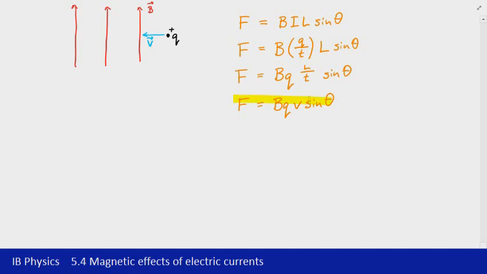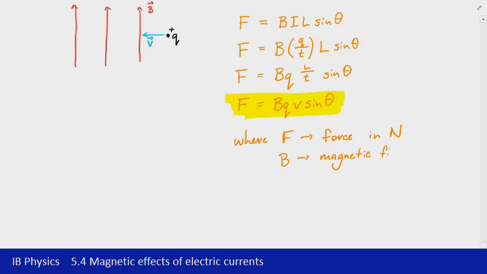So that's the same idea as the previous equation that we saw for current, except that now we have F being the force, B is still the magnetic field strength, we now have the charge, so the charge Q, where it's going to be measured in coulombs, and V is the velocity of that charge, and that will be in meters per second.